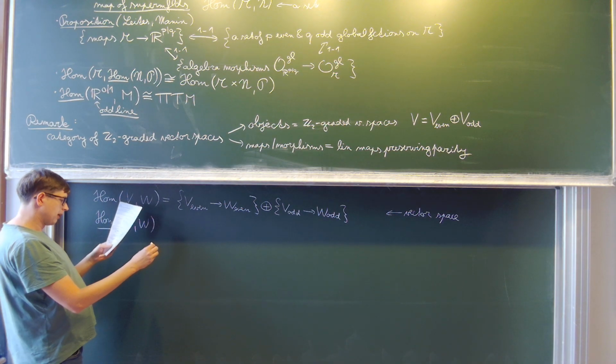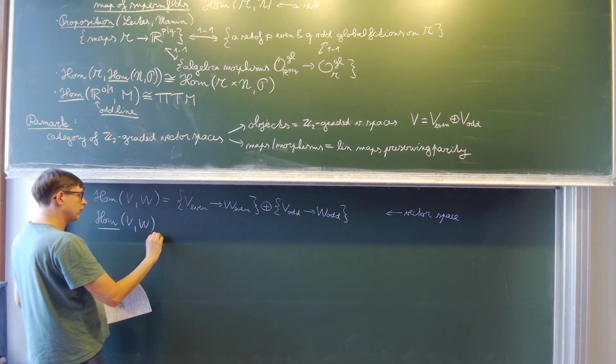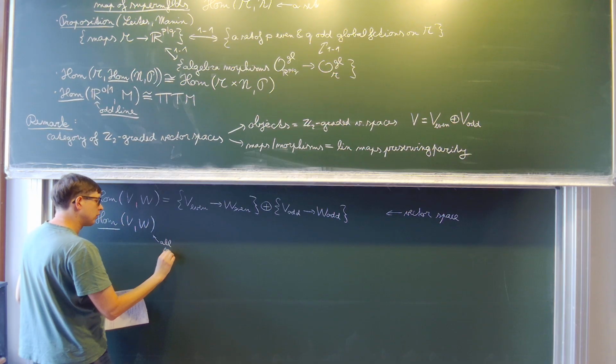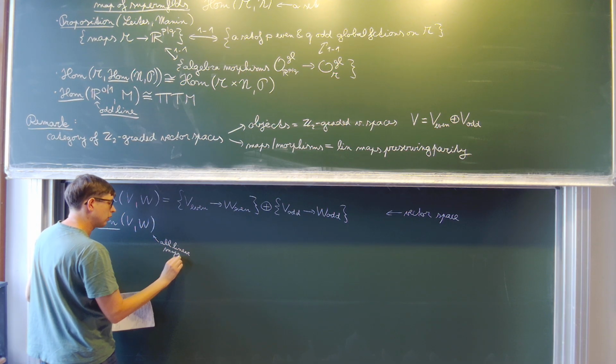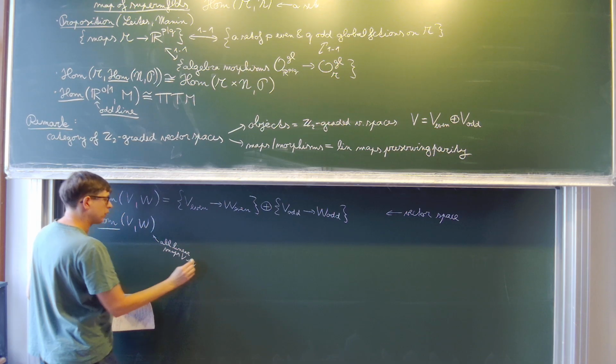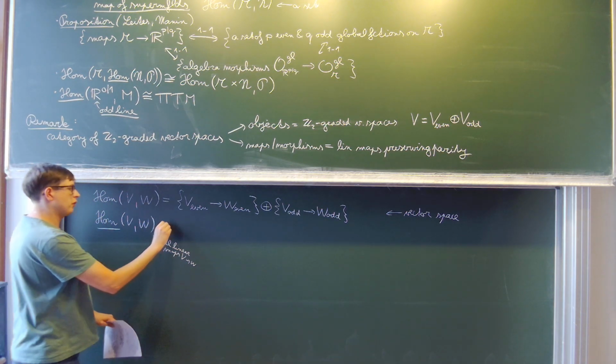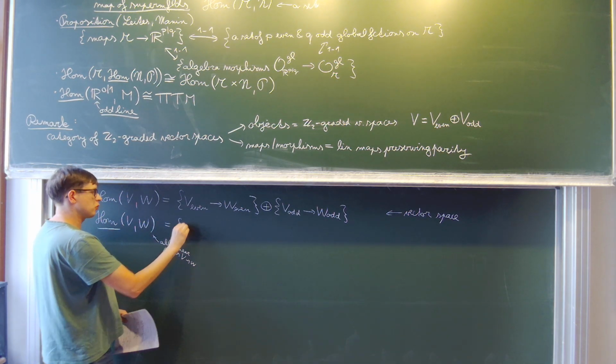And this thing is simply all linear maps from V to W. And so if you want to decompose it, then it will have the same two bits as here.